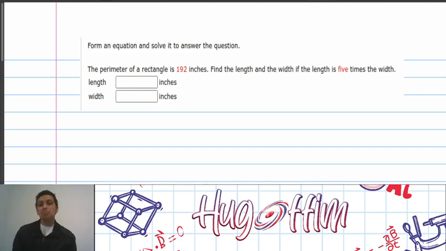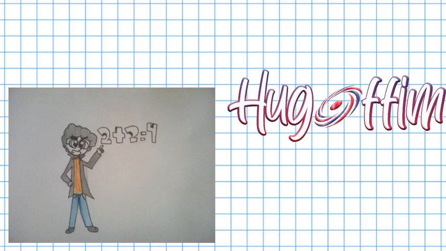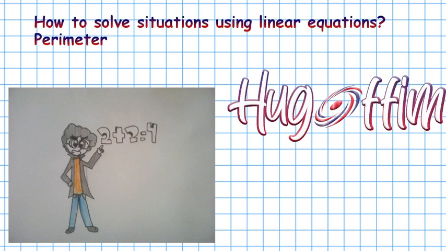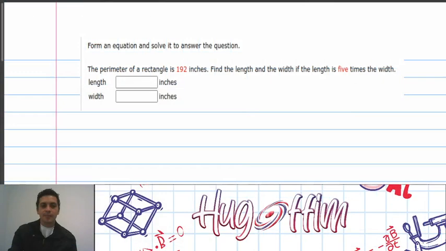We're going to see problem solving applying linear equations. The first thing that I recommend when you have this type of exercises is to imagine or to do a sketch of your work.